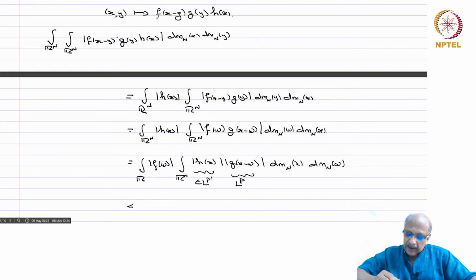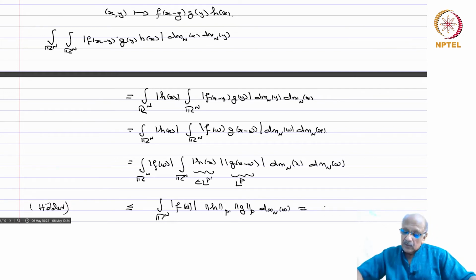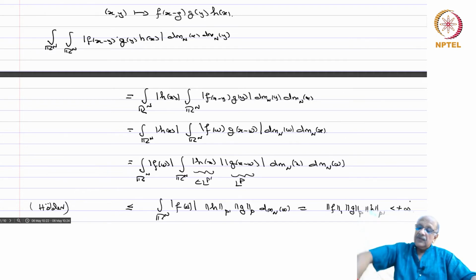Then by Hölder's inequality, this is less than or equal to the integral over Rn of mod f(w) times the norm of h in Lp dash times the norm of g in Lp dm_n(w), and that is precisely equal to the L1 norm of f times the Lp norm of g times the Lp dash norm of h, which is less than plus infinity.